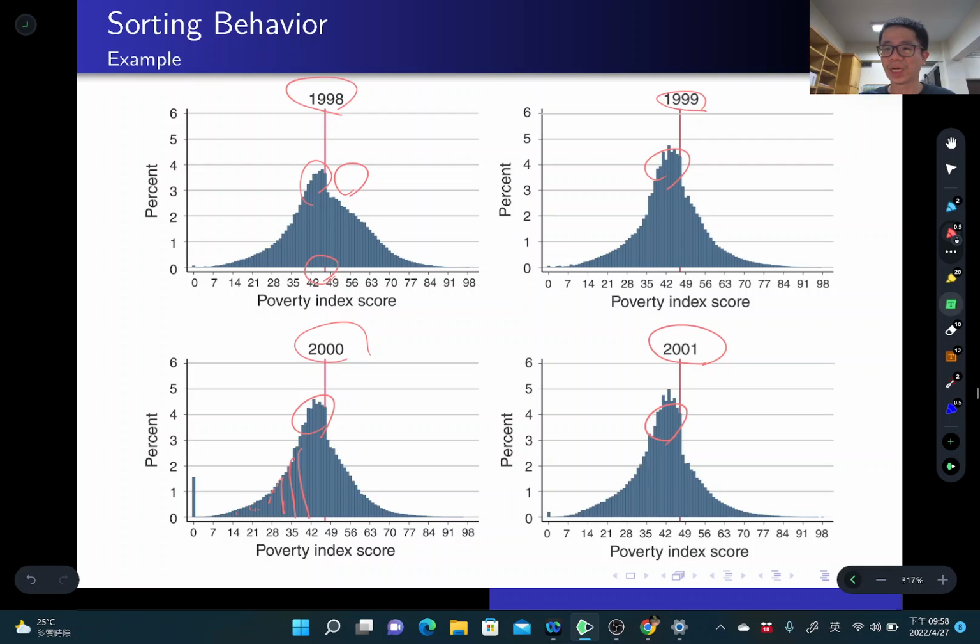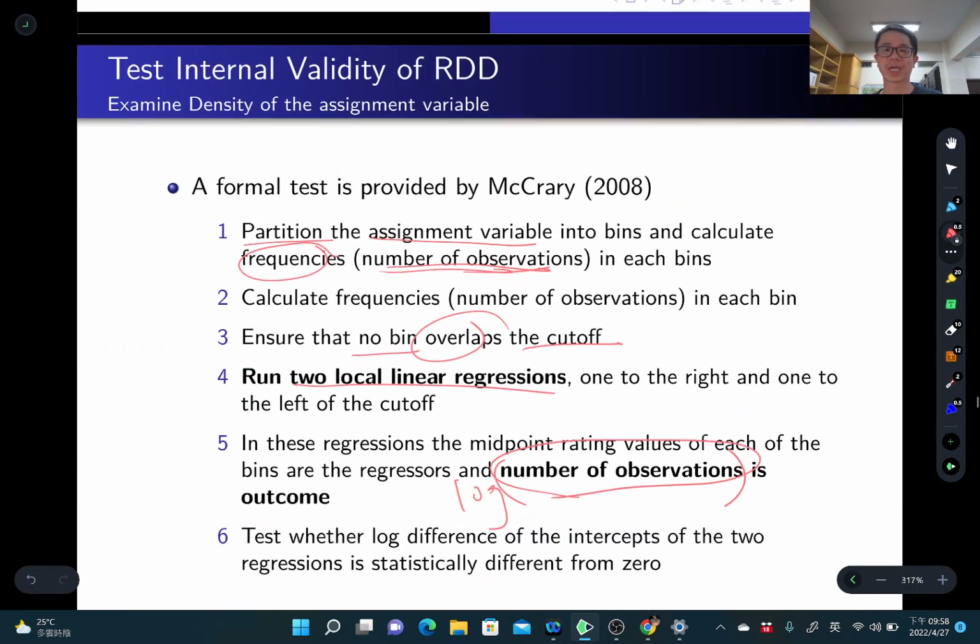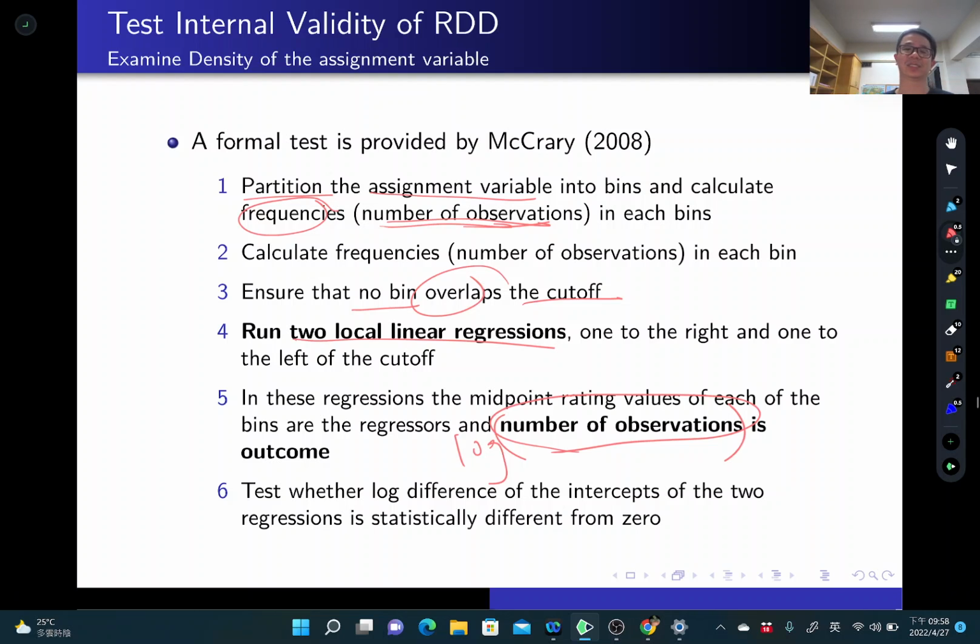For example, in the example we just mentioned, if you use the test, you will find a very big discontinuity, because the number of observations right below the cutoff is this, and right above is this. So there's a discontinuity, and it's very significant. So you can formally test it.